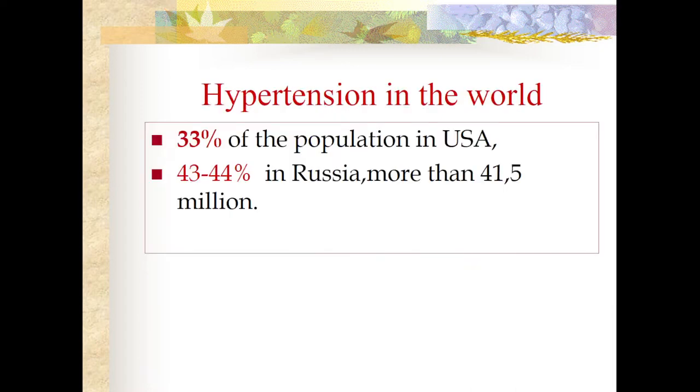And the actuality of our topic is associated with the prevalence of arterial hypertension in cardiovascular diseases. Arterial hypertension affects 33% of the population in the United States of America and more than 40% in Russia.